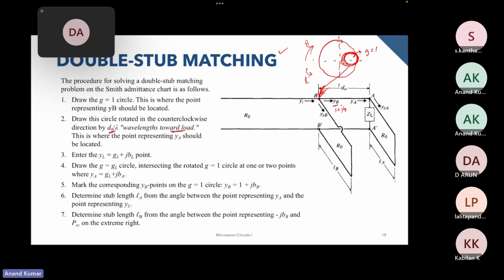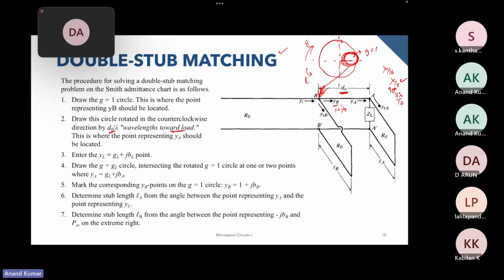So it is counterclockwise, and we have to move d naught times. Here is where we decide how much d naught should be. Earlier I said this could be lambda by 16, lambda by 8, 3 lambda by 16. These values help us rotate the circle at specific angles. If we choose lambda by 8, this will correspond to 90 degrees, and it will be easier to just rotate the circle by 90 degrees.